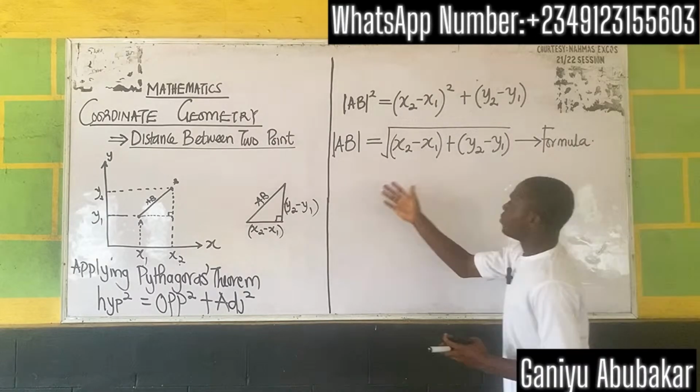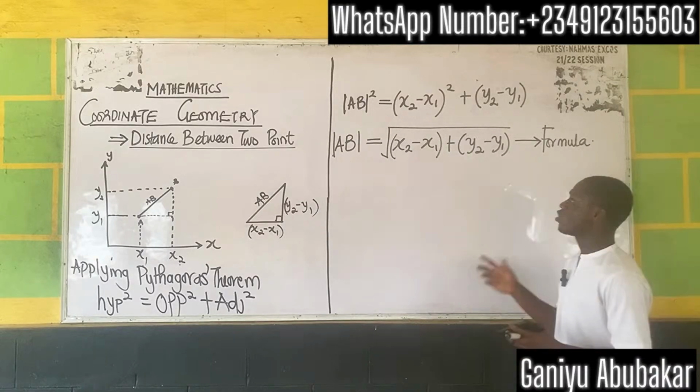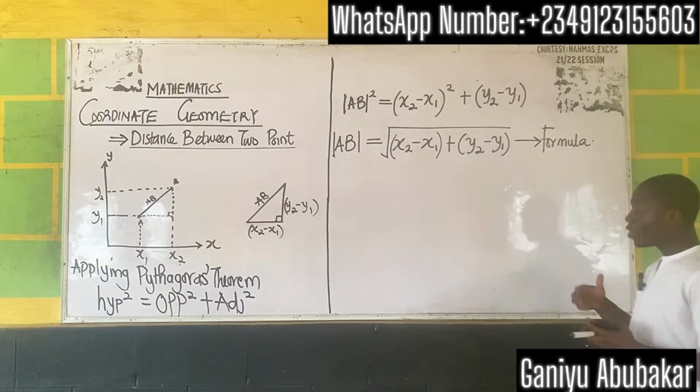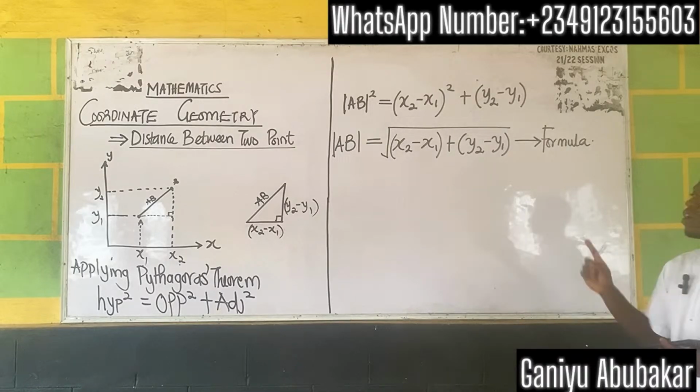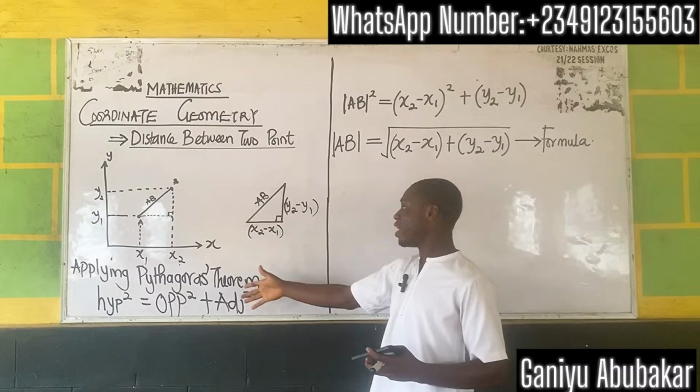That's AB, distance between 2 points AB is equal to the square root of (x2 minus x1) squared plus (y2 minus y1) squared. This is the formula for calculating distance between 2 points, and this is how you derive the formula.